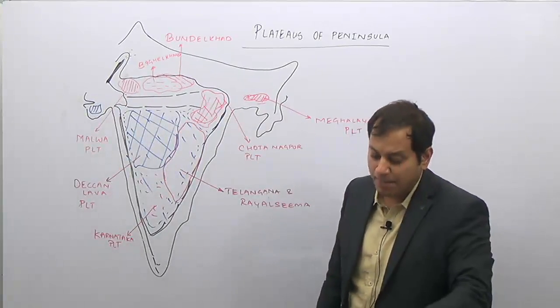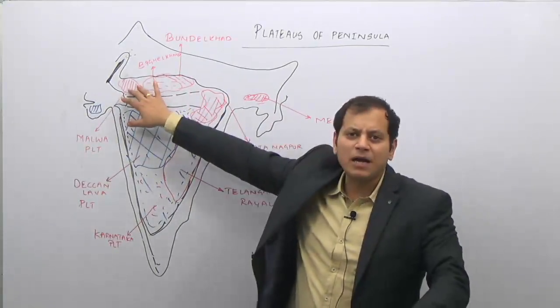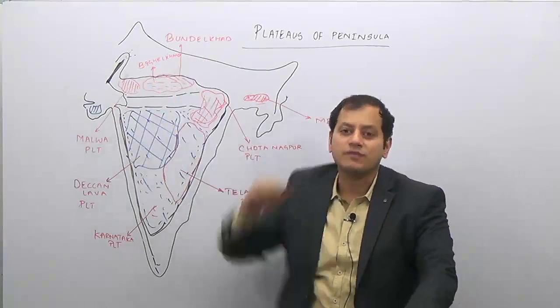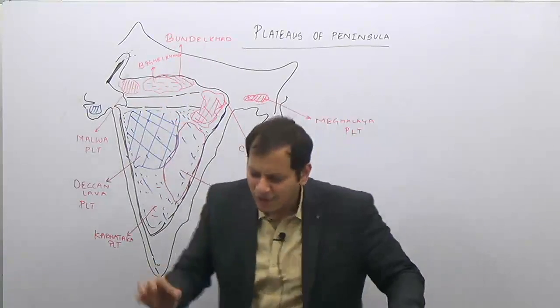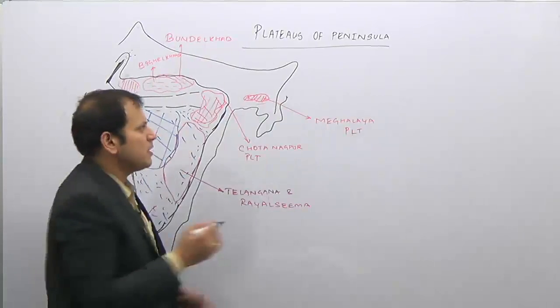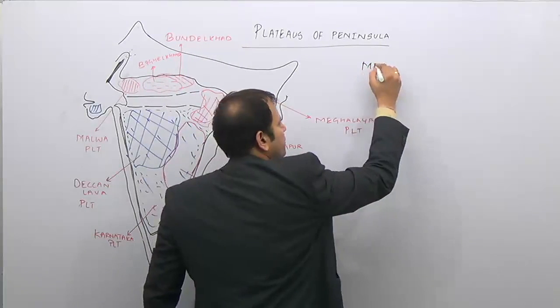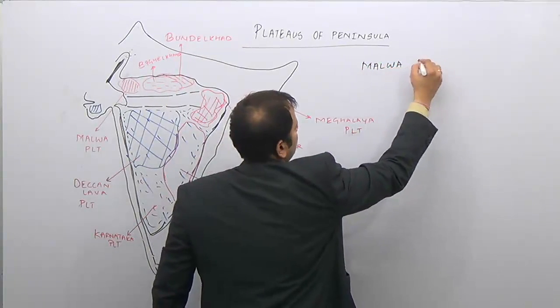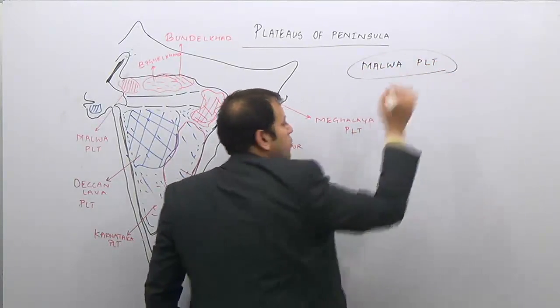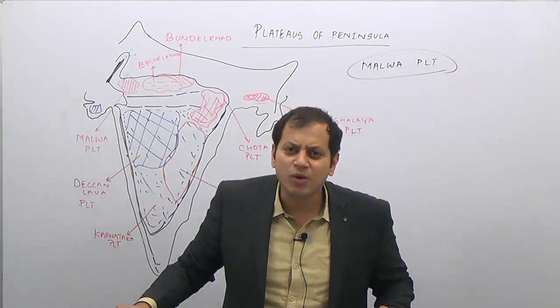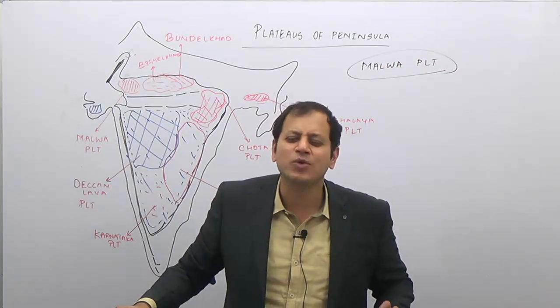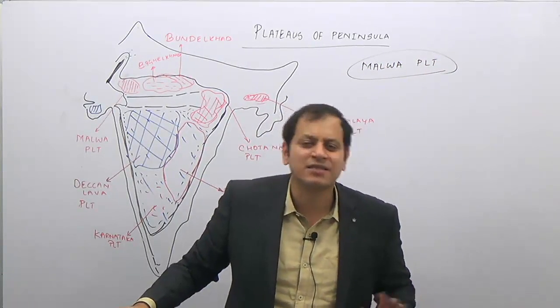The Malwa Plateau region. This Malwa Plateau lies to the north of the Vindhyas. For the examination point of view, remember the Malwa Plateau region. Now, what will this plateau region be made up of? This entire plateau region is made up of very old granite and gneiss, very old metamorphic rocks, that is gneiss and schist.